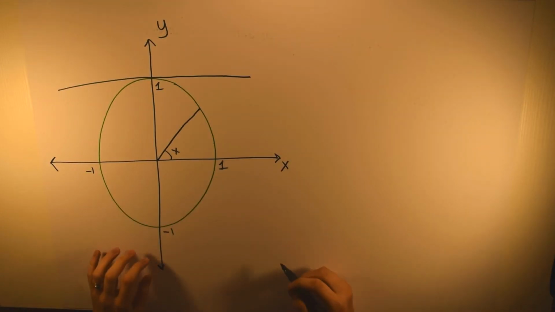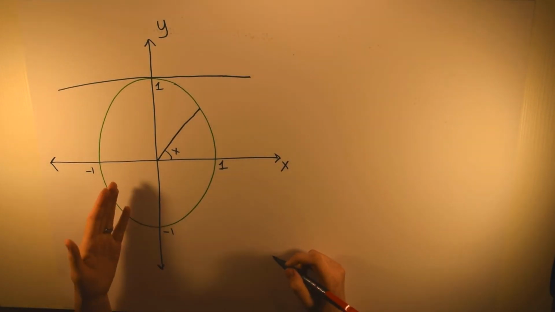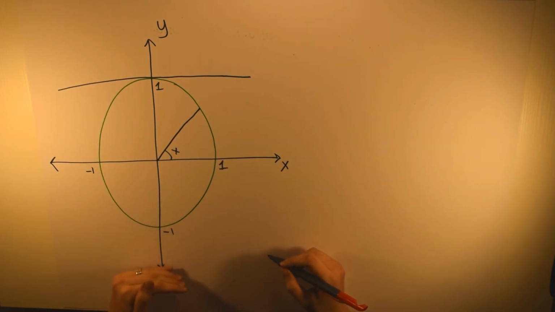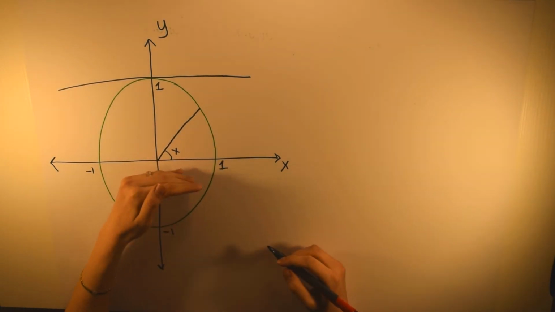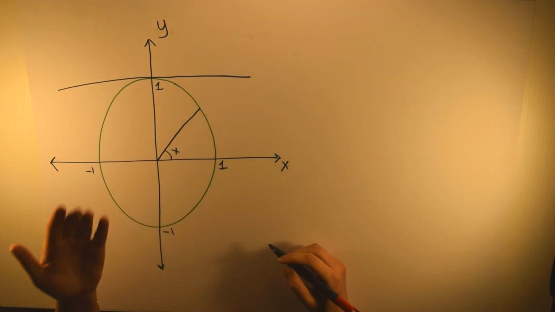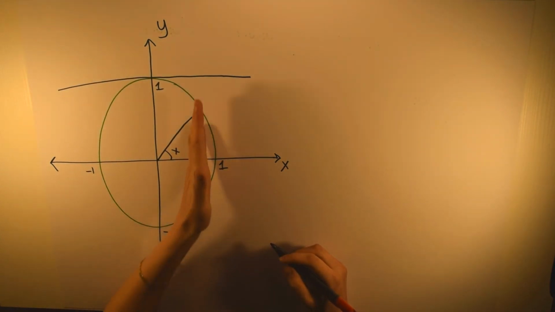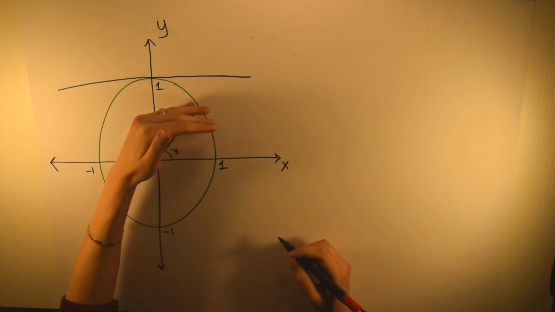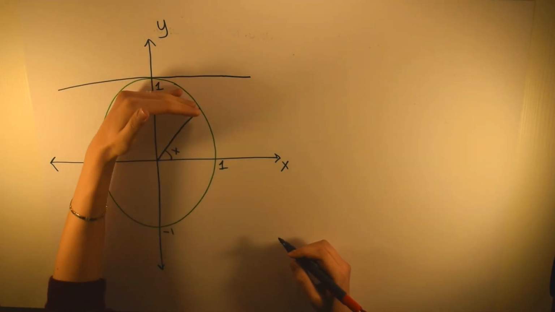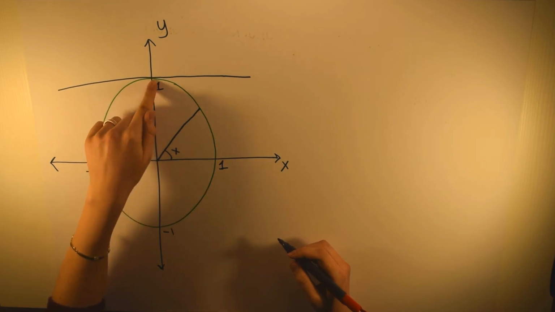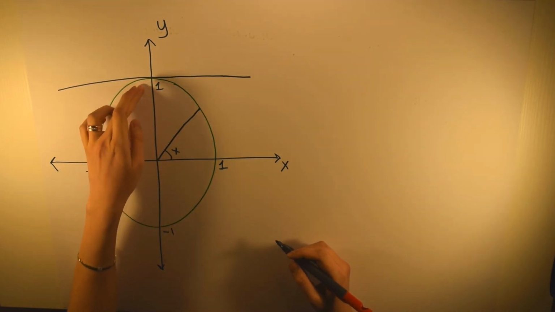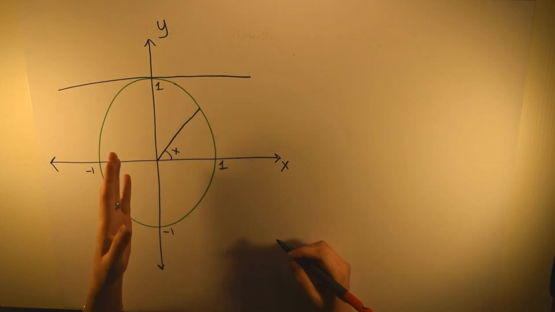Now let's see how the cotangent function looks on the unit circle. This time we draw a parallel line to the x-axis. Before, for the tangent function, we drew a parallel line to the y-axis, right? And this time we draw a parallel line to the x-axis, and it touches the circle here. Since it touches the circle, there should be a right triangle.